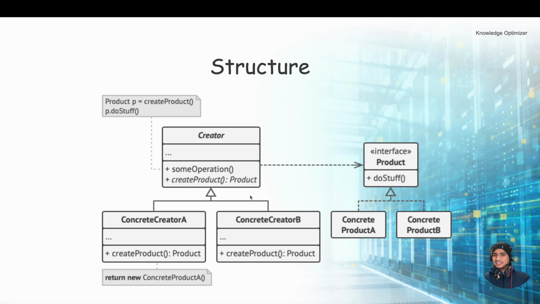Now there would be concrete classes, concrete class A and concrete class B, and there would be a different implementation of create product for both classes, and they will also be providing a product. So consider in our case the creator is just a payment method. That would be an interface.